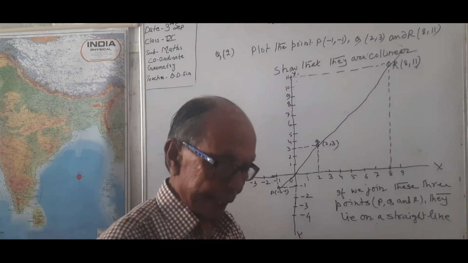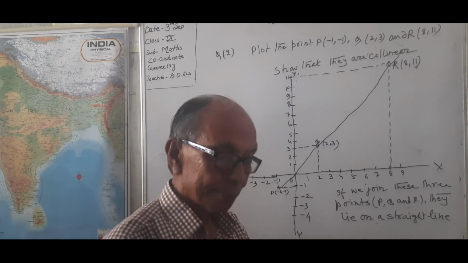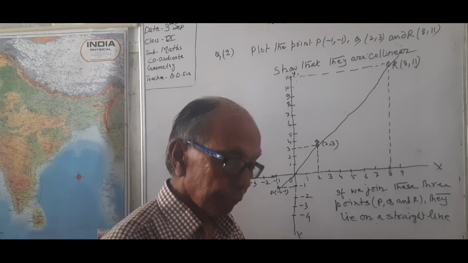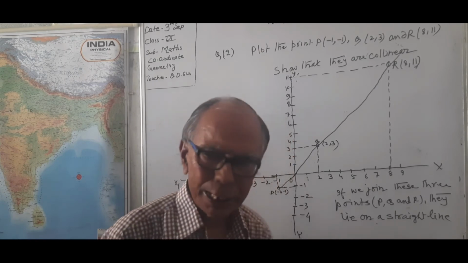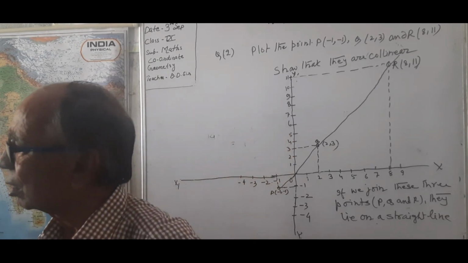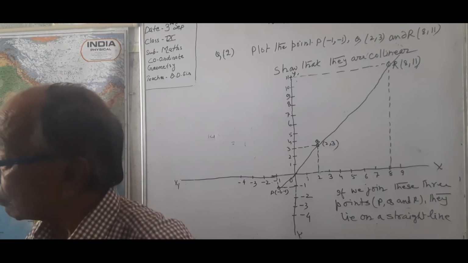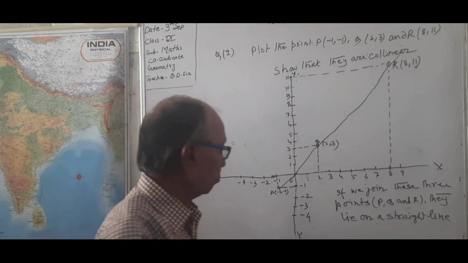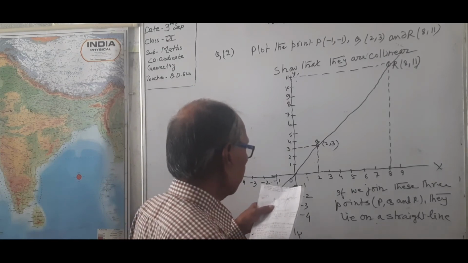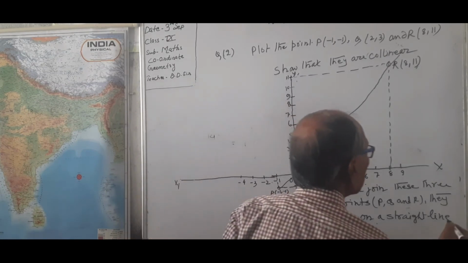Therefore, we can write: collinear. Collinear means lying on the same straight line. So you will write, so they are collinear.